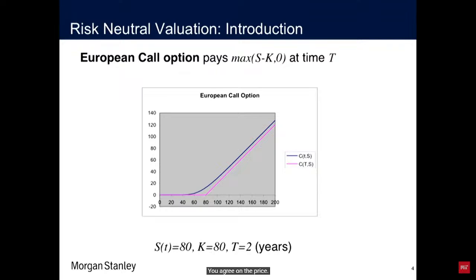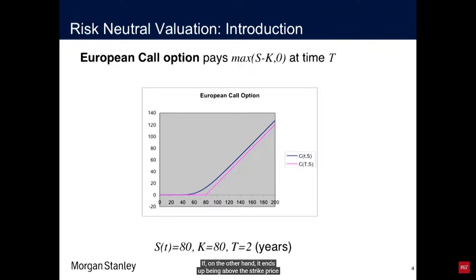You agree on the price, the asset ends up being lower than this price, but you still have to buy it, right? Here, if the asset ends up at expiry below the strike price, or out of the money, then the payout will be 0.